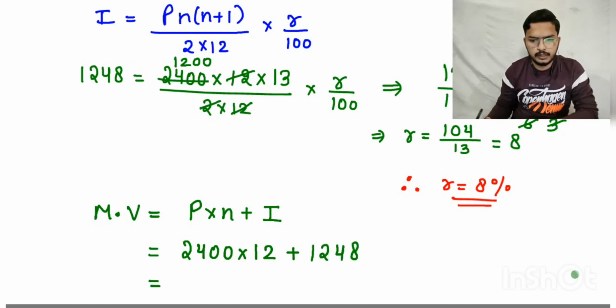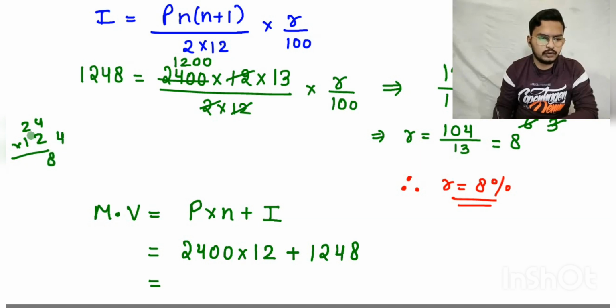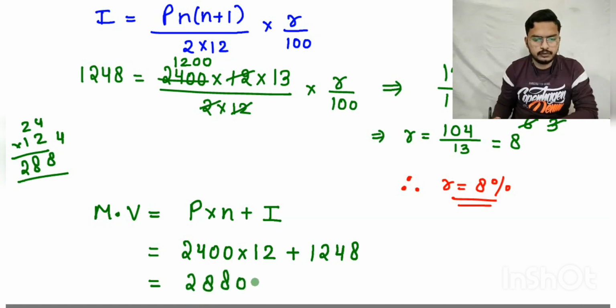So just multiply this 24 multiply this 12, you will get 12 4 is 48, 12 2 is 24, 28. So actually you will get 28800 plus 1248.